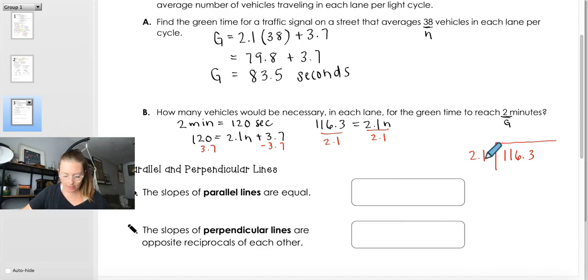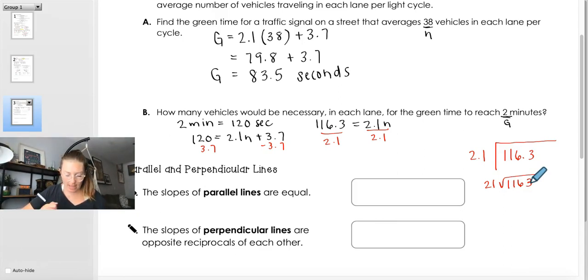What we want to do is get rid of these decimals. I have one decimal place and one decimal place, so if I multiply both of these numbers by 10, I can get rid of the decimals. So I'm going to get 21 and 1,163.